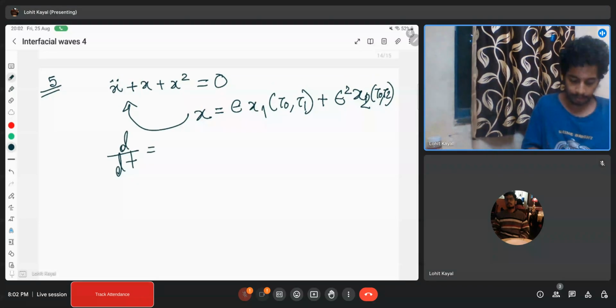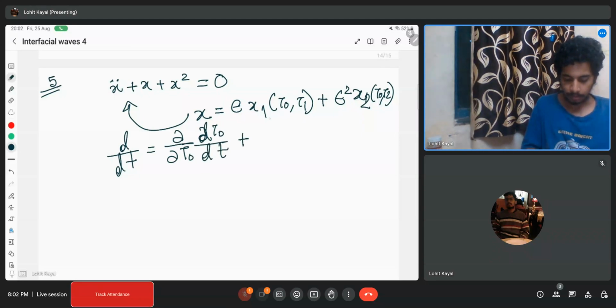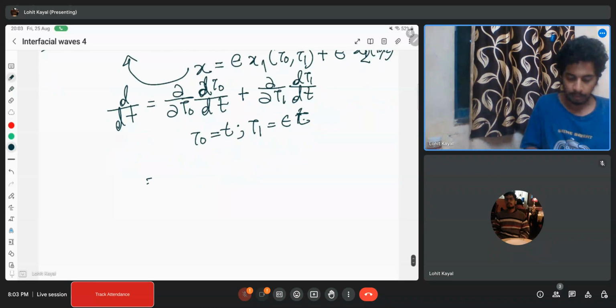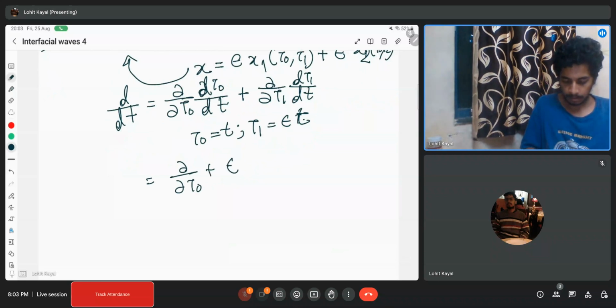Now here d dt equal to del t naught dt naught dt plus del t1 dt1 dt. Your t1 equal to epsilon t. Okay, so it will be del t naught plus epsilon del t1.